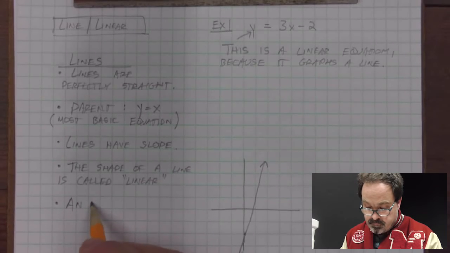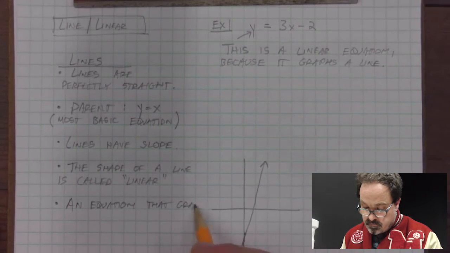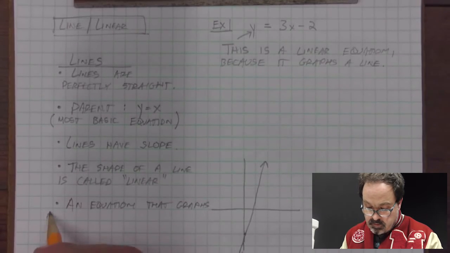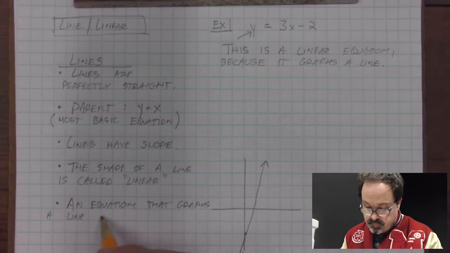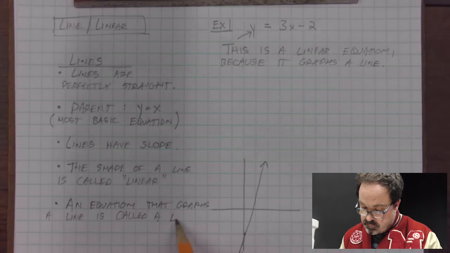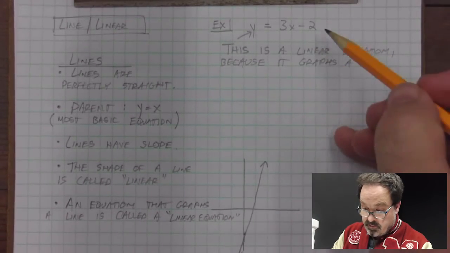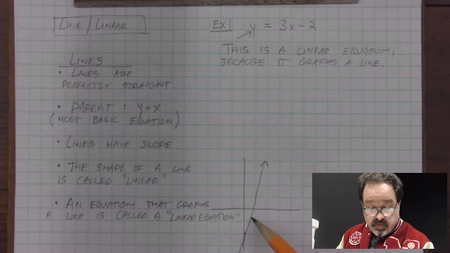And an equation that graphs a line is called a linear equation. In our example, we have a linear equation. Its graph is this line.